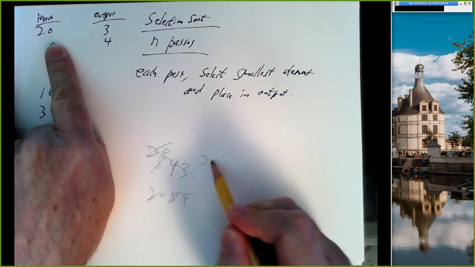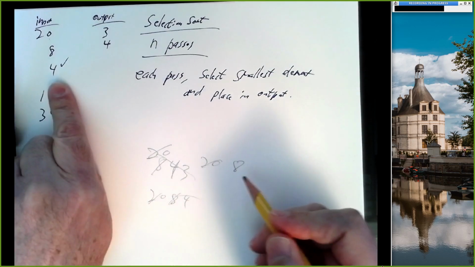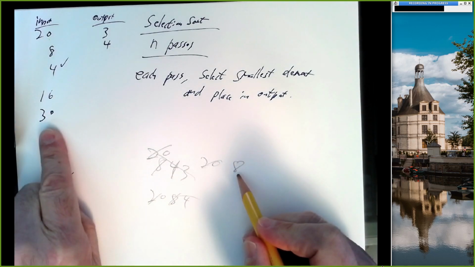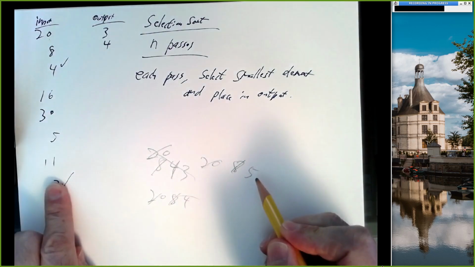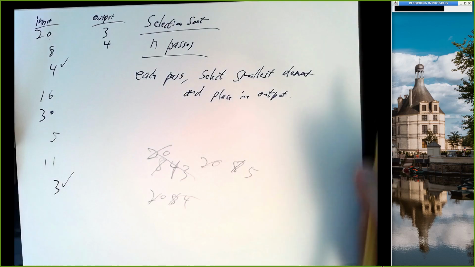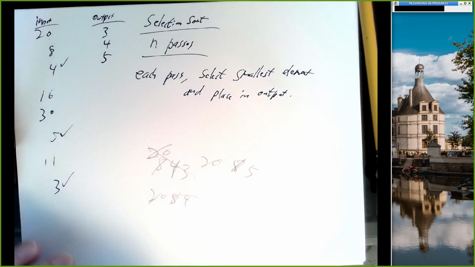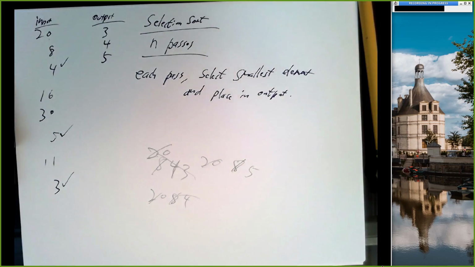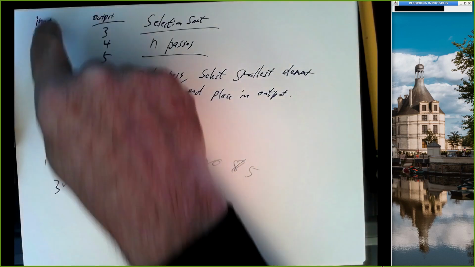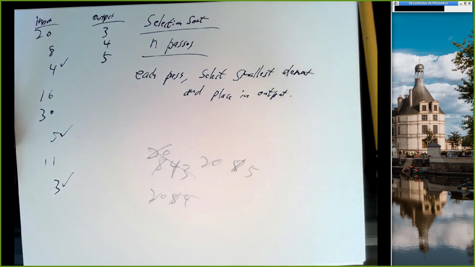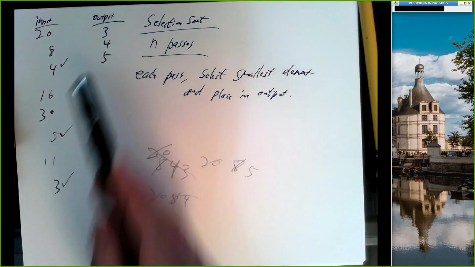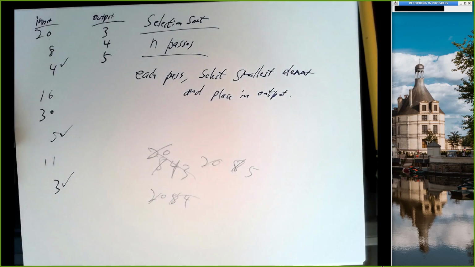Start with a 20, 8 is smaller, we've already done a 4, 16 is bigger, 30 is bigger, 5 is smaller, 11 is bigger, 5 is our smallest number. We'll add that to our output array and tag that. So super straightforward, right? Each time we go through, we pick the smallest number we haven't yet picked, and we just keep adding those selections to the output array.